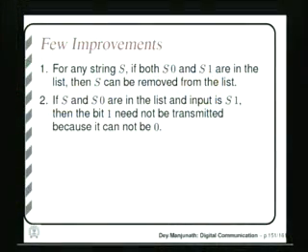So if S0 and S are both there and we receive S1 now, we know that the last bit need not be transmitted, because S0 is there. The last bit cannot be 0, otherwise it would be found in the list. So the last bit need not be transmitted if S0 and S alone are both there in the list.